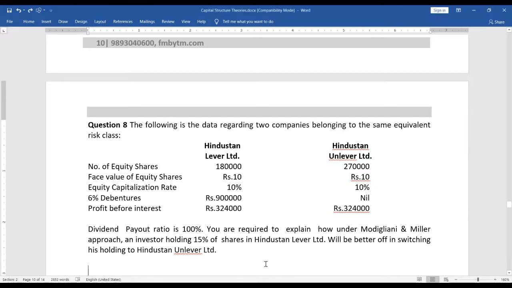Maximum in 10 minutes time you should solve it. Meanwhile, I'll assist you stepwise also, don't worry.